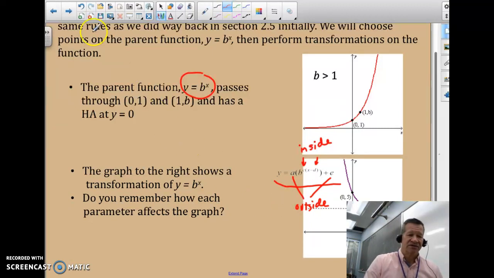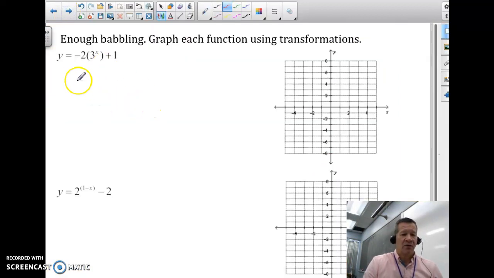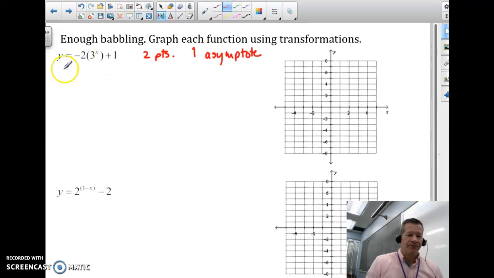Okay, so let's do some graphing. y equals -2 times 3 to the x plus 1. So to graph this by transformations, what we're going to use is the two common points that every exponential graph has, and the one asymptote, which will always be the horizontal line on the x-axis, y equals 0. So here the parent function is simply the base, which is 3 to the x power.